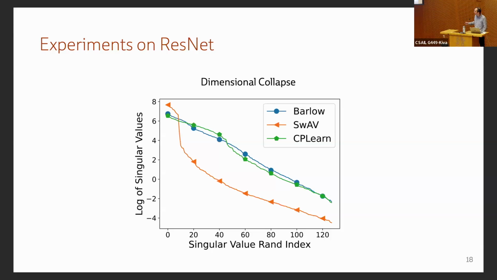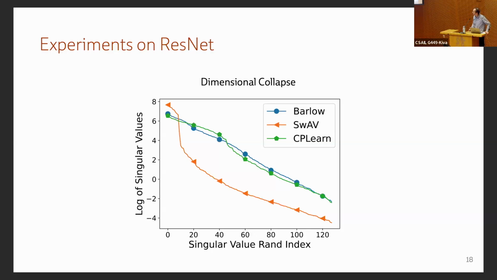So here you can clearly see that for SWAV there is some dimensional collapse problem. And our method, that is also a decorrelating approach, imposes some decorrelation implicitly, and performs on par with Barlow twins.